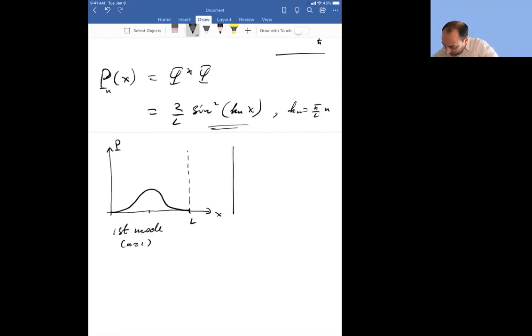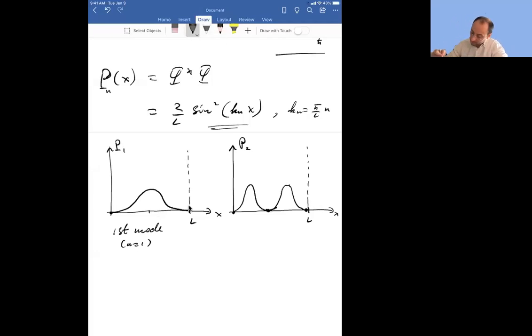So I can plot the probability density. So this is P1. I can plot the probability density of the second mode. So this is X. Here's L. So now it's sine squared of 2 pi x over L. There will be a node in between. So it looks something like this.